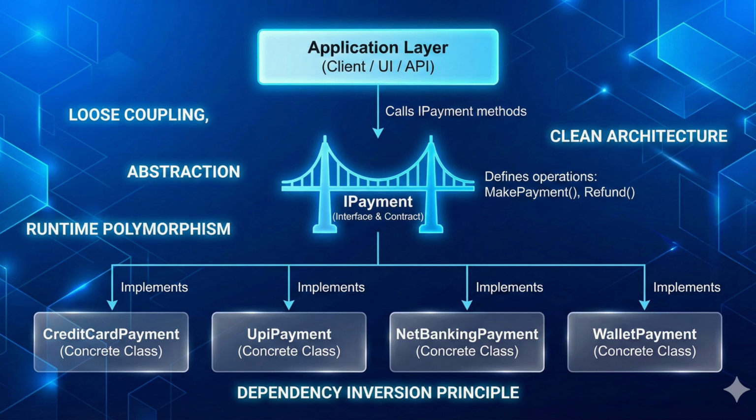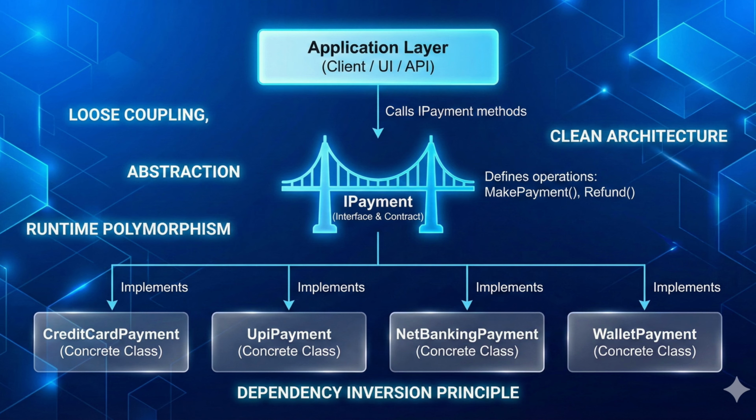After defining the interface, we create a class called credit card payment. This class implements the iPayment interface. Because it implements the interface, it is mandatory for this class to provide implementations for both make payment and refund methods. Inside these methods, we write logic related to credit card transactions.